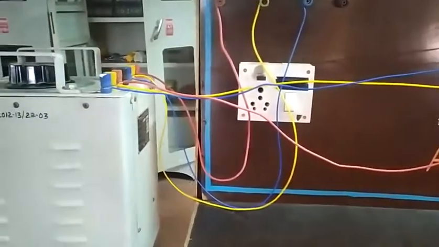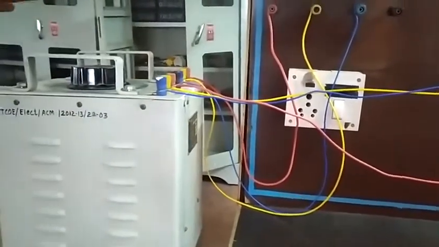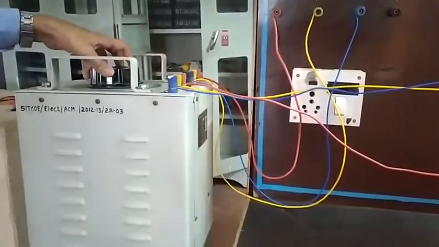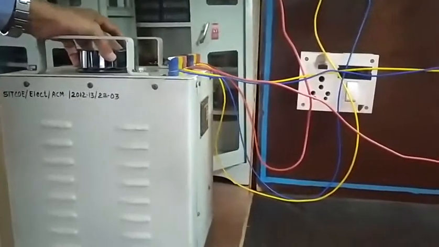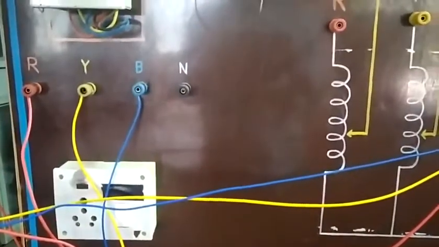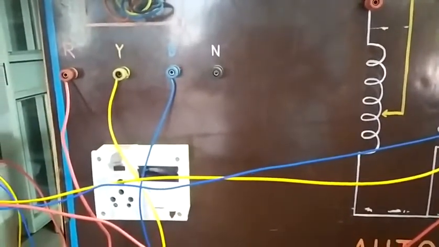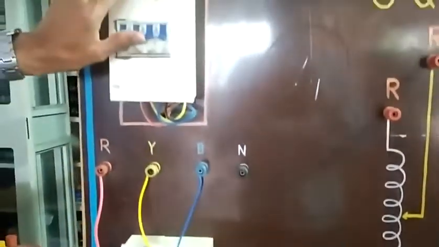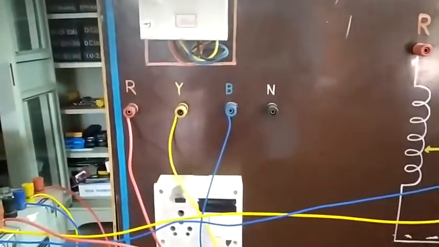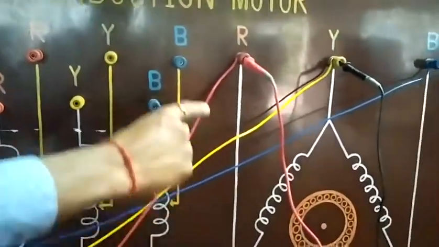Now by using that three-phase auto transformer, I will control the speed of the induction motor. Okay, so as I know that auto transformer is used to vary the input voltage according to the output, by varying the input voltage I can control, that means I can set any value of the speed. Okay. So by using this starter, auto transformer, I am going to start our motor. Now I have connected one multimeter across R and Y phase.